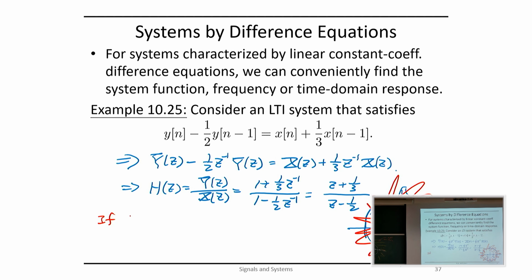So if the system is causal, then the ROC corresponds to z greater than 1/2. And if the ROC is z greater than 1/2, it would include the unit circle, and therefore the system is stable.